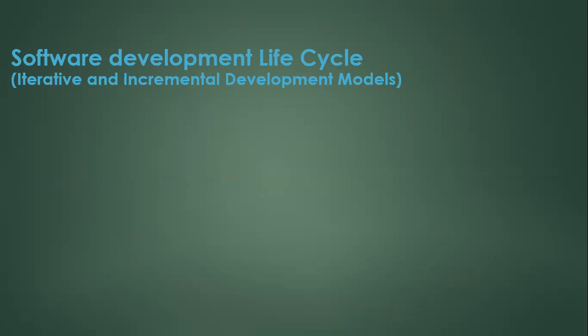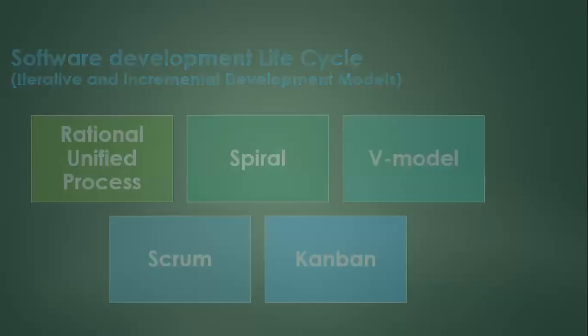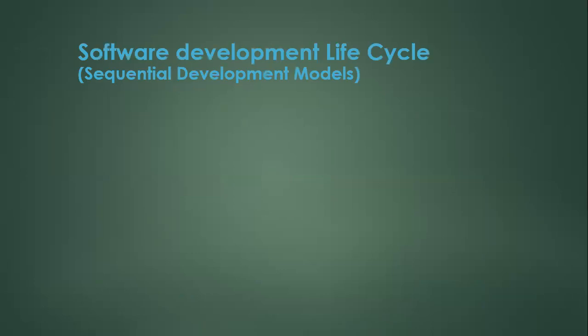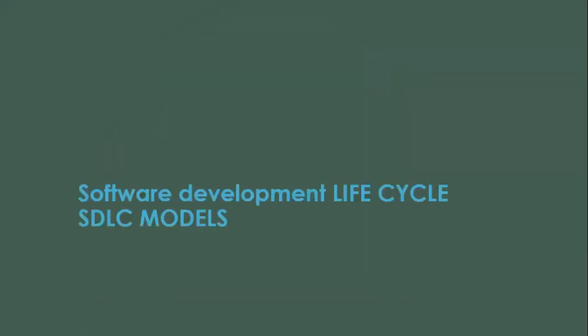So it's called the iterative and incremental development model. These are various types of software development lifecycle. We have the rational unified process, we have the spiral, we have V-model, we have Scrum, we have Kanban, we have waterfall and V-model again.